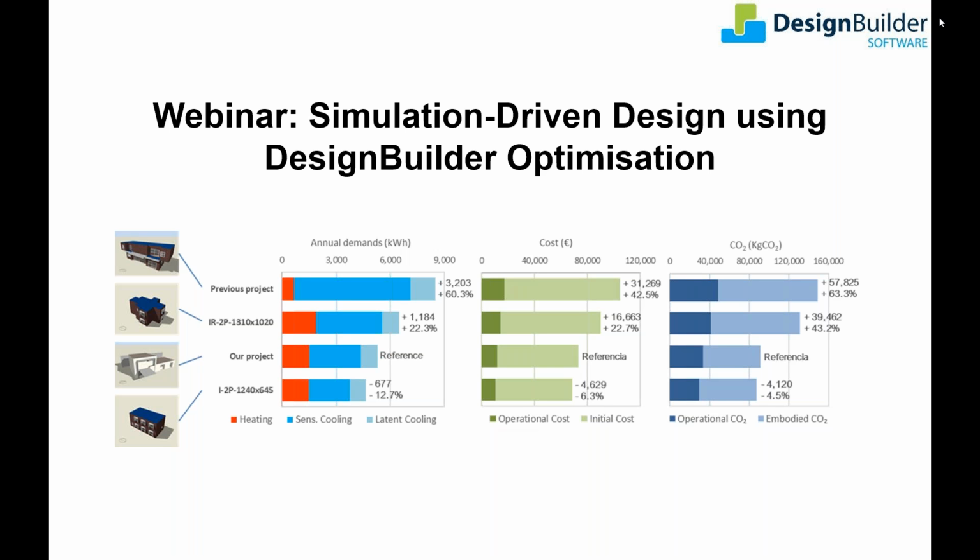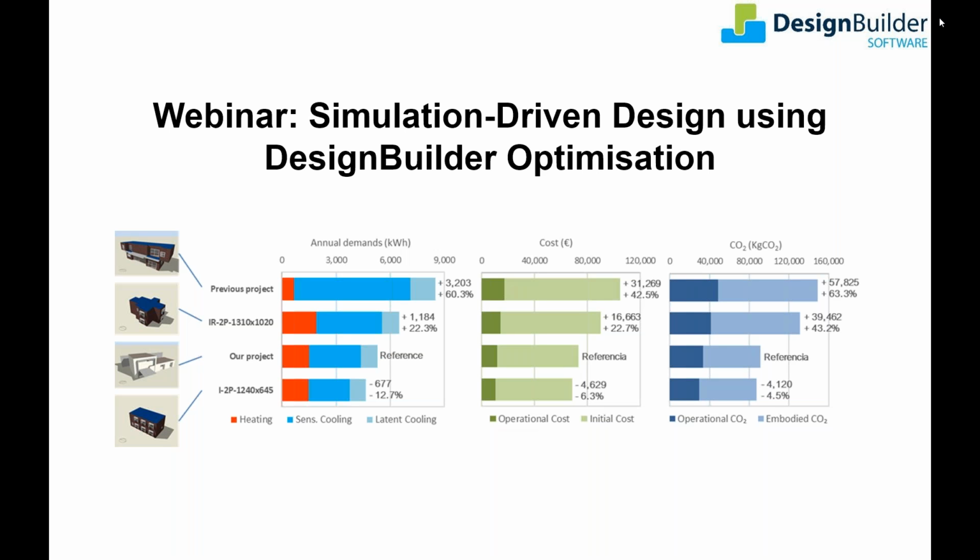After this brief introduction, I'll hand you over to Arturo, and he'll start his presentation by explaining how optimization works, before then showing you how it can be used effectively as part of a simulation-driven design process.